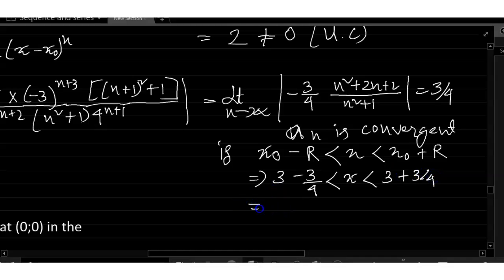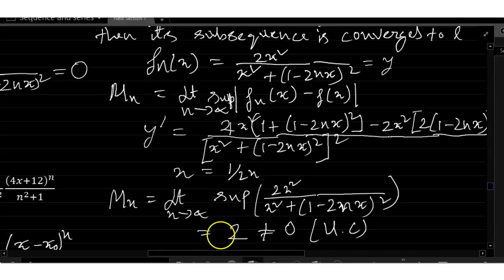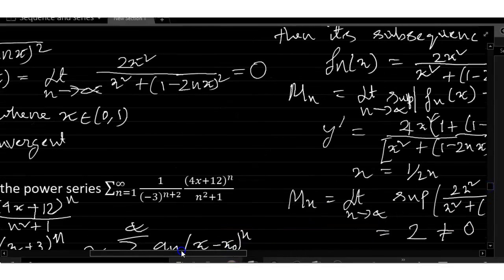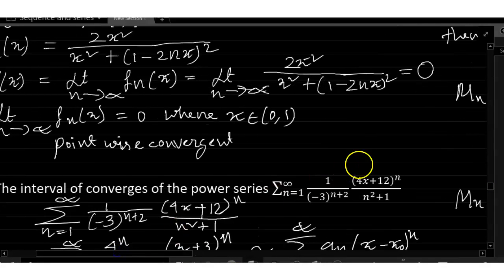After that we can write 9 by 4 is less than x, less than 15 by 4. So my interval is 9 by 4 comma 15 by 4.